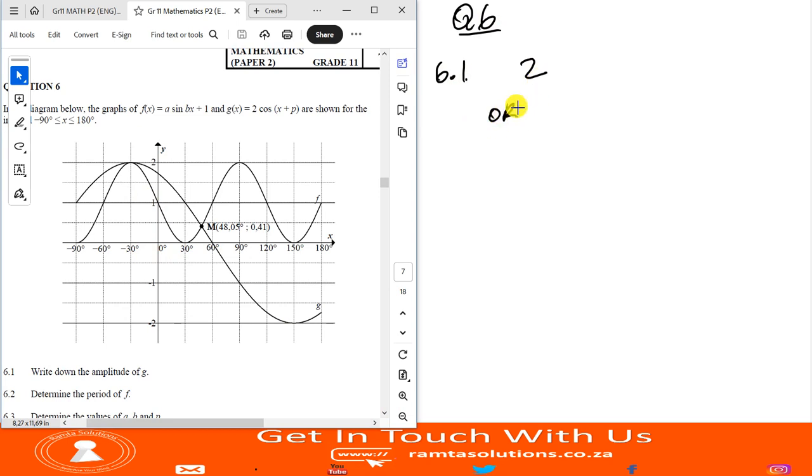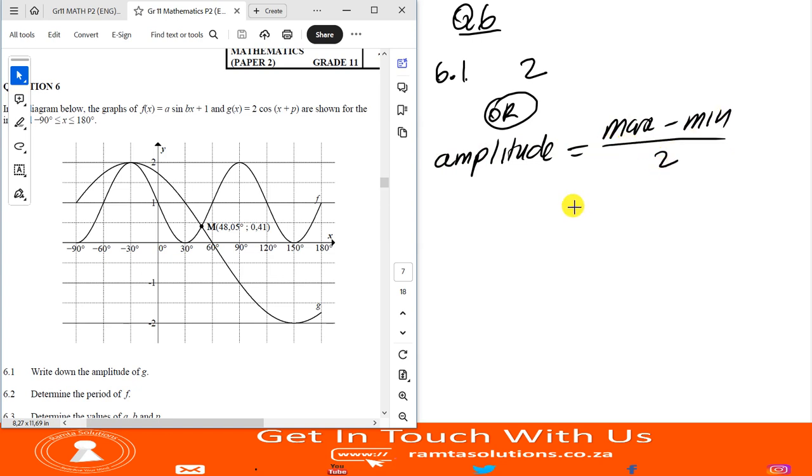Or, if you like, amplitude, when you're looking at your graph, amplitude is maximum minus minimum value over 2. So what is our maximum value for g? Our maximum value for g is 2. What is our minimum? Our minimum is minus 2, all over 2. What is our answer? It's simply 2. That is your amplitude.